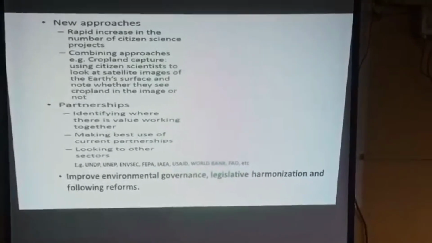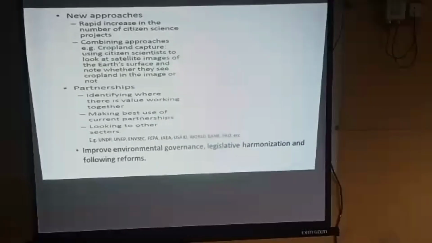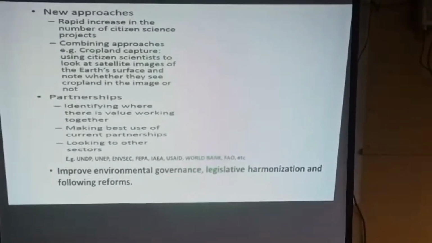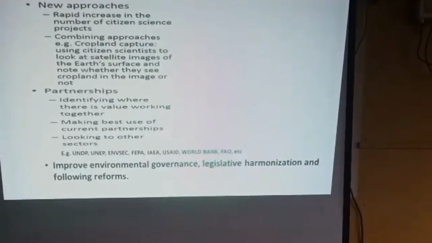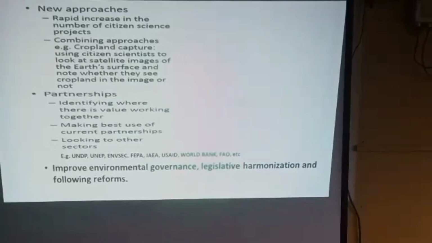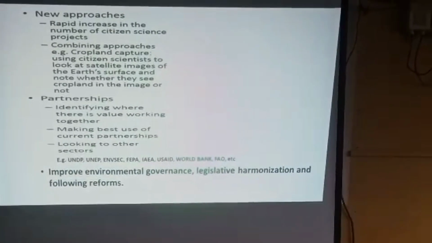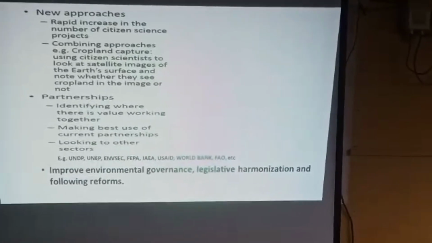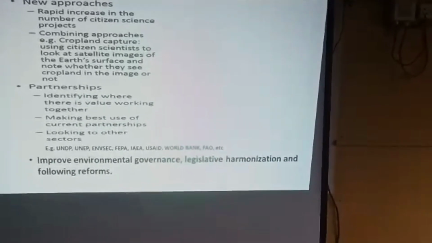Three is partnership. We identify where there is value in working together, building on current partnerships, then looking to other sectors. There are a lot of partnerships, like UNDP, an acronym that stands for United Nations Development Program. UNEP, United Nations Environmental Program. We have the MSEC, FEPA, IAEU.